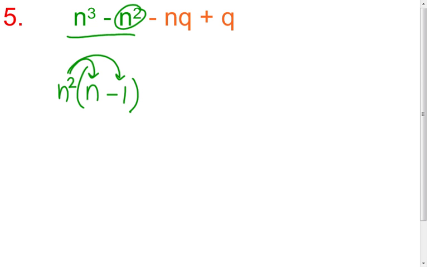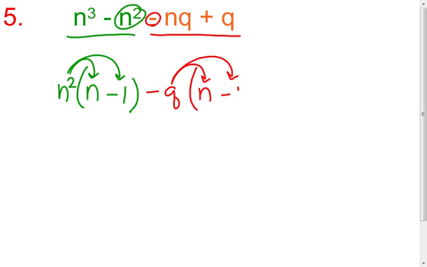Okay? Then, out of here, you can factor a q out. I don't like this first term to be negative, so I'm actually going to factor negative q out. Negative q times n gives me negative nq. Negative q times negative 1 gives me positive q.